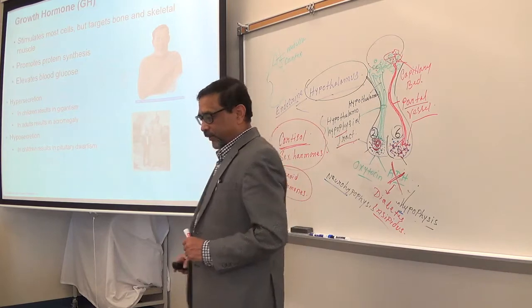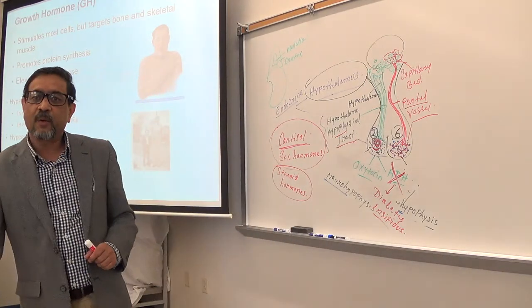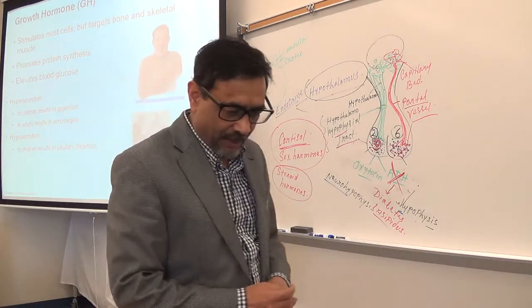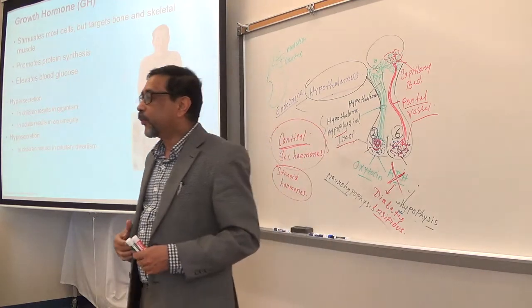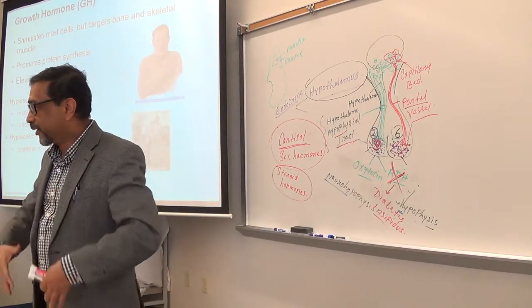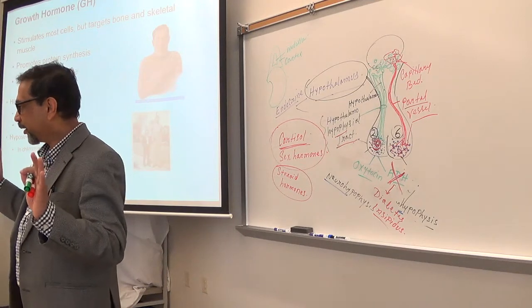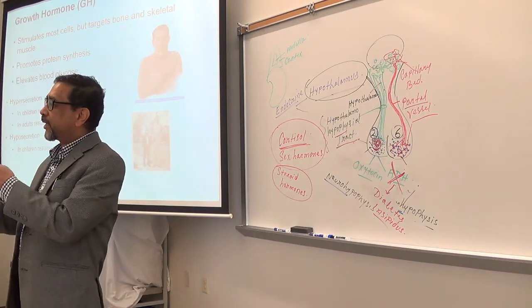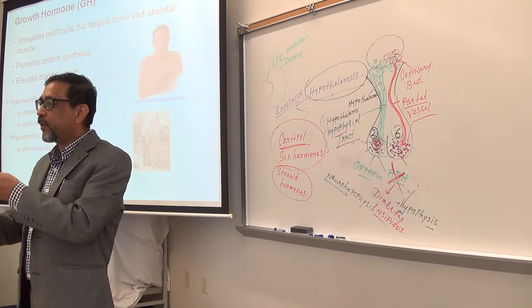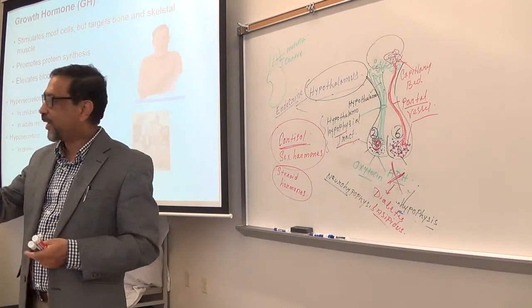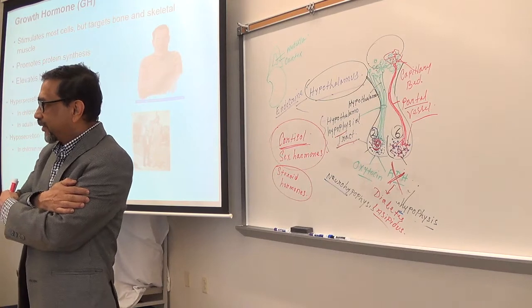Okay. Now, let's talk a little bit about the growth hormone. I told you that growth hormone works everywhere, right? And helps in the growth of the tissue or organ. But action is more on which two organs? Bones and the skeletal muscles, right?